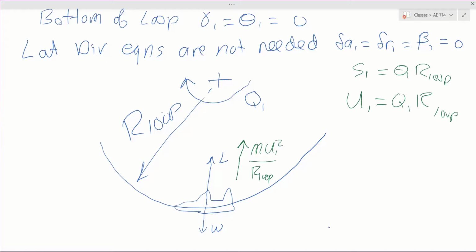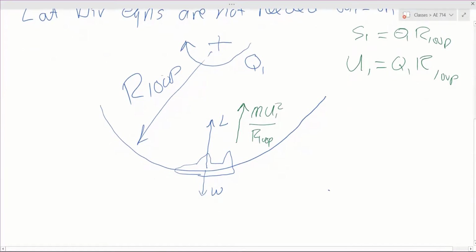So we're going to use that in the force balance equation. If we look in the vertical direction, we find out that lift minus weight is providing that force.